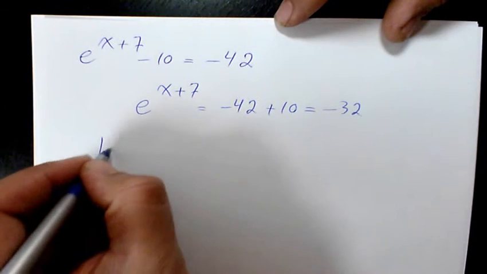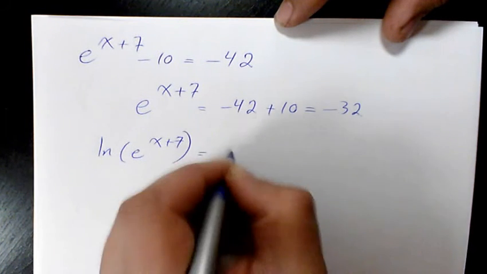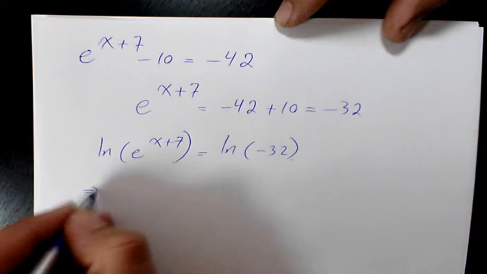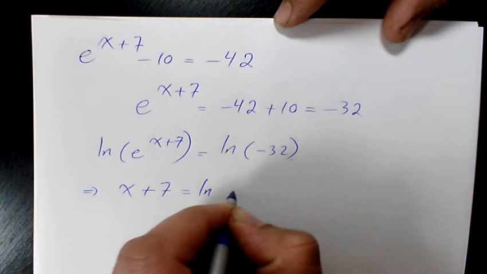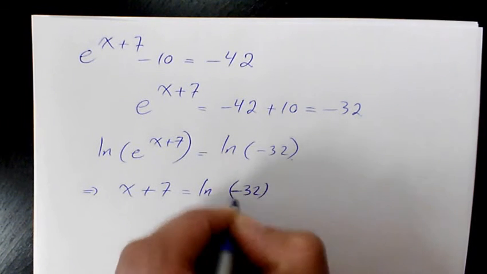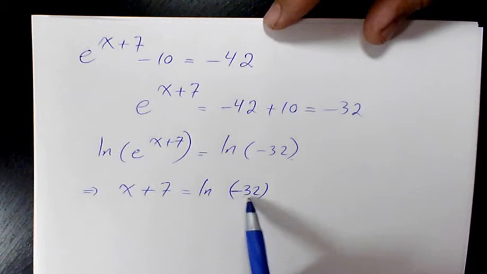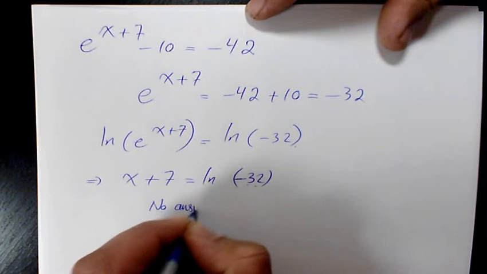So we have ln e to the power of x plus 7 equals ln negative 32. So that's going to be x plus 7 equals ln negative 32. But this is not possible because we have the negative number in here. So there is no answer in here.